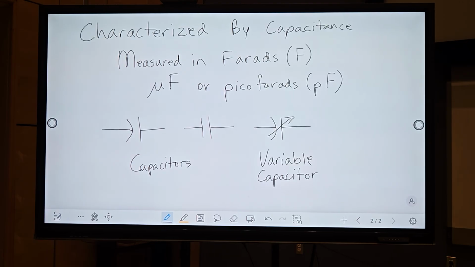Variable capacitors are typically used in tuning analog systems. For example, an analog radio might use a variable capacitor to change the resonance of the filter that filters out the radio station that you want to listen to. A variable capacitor is easier to construct than a variable inductor, so variable capacitors are more commonly used for that.